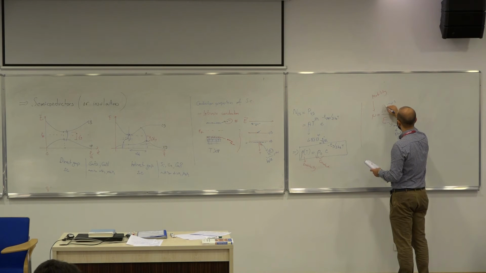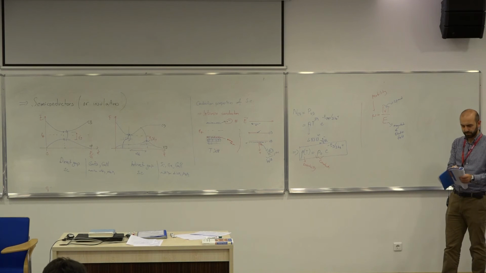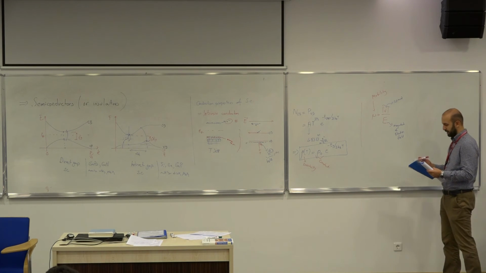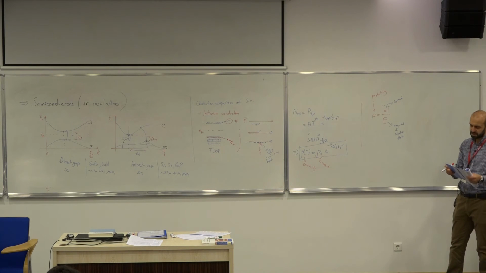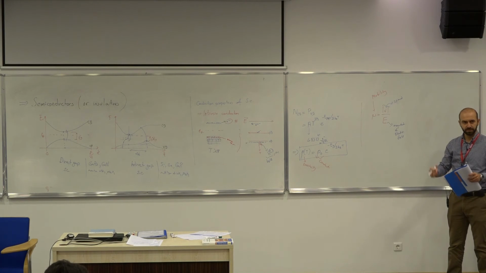And this whole expression is the speed of the charge carrier. Okay? And this was a measure of how fast carriers can move under the effect of an electric field.